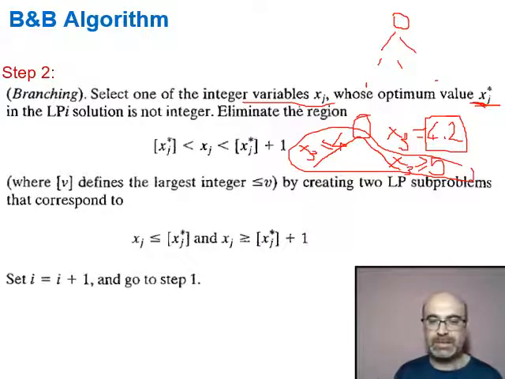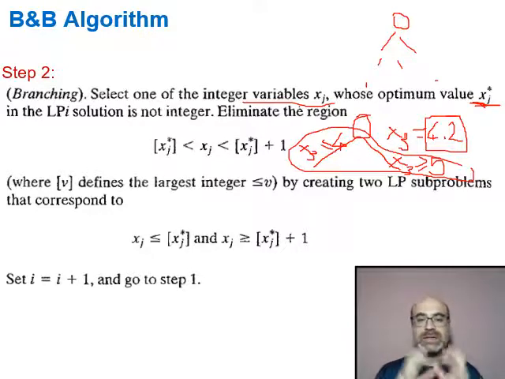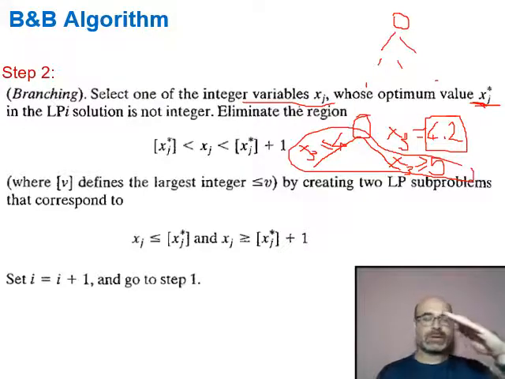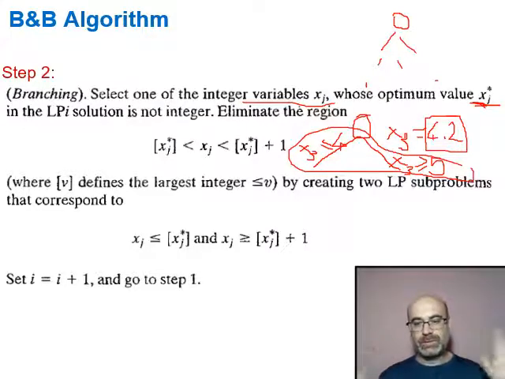In this classical branching, we always branch into two. Okay? x3 less than or equal to 4, greater than or equal to 5 on the one hand side. By the way, on the left hand side we said x3 is less than or equal to 4, and on the right hand side x3 greater than or equal to 5. But it's not important.